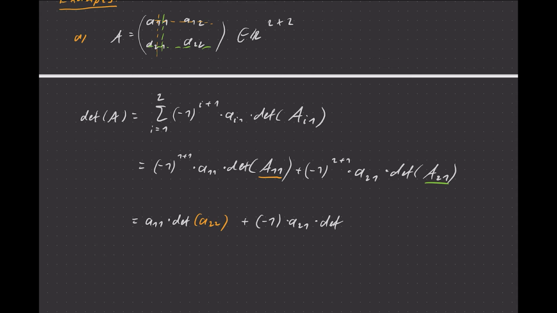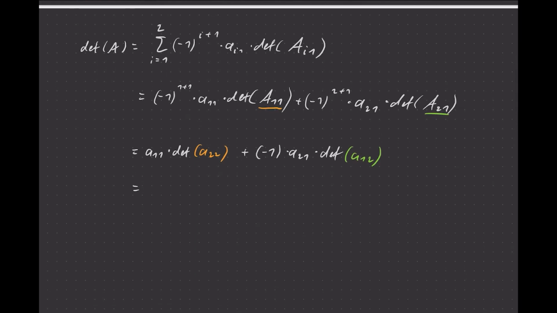And what remains is this entry, A12. So what do we get? Well, this is A11 times A22 minus A21 times A12. And you'll remember, hopefully, this is precisely the formula that we started with.